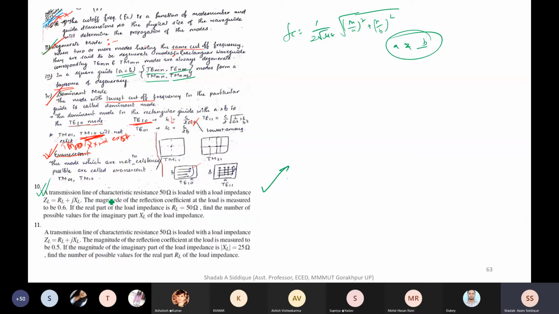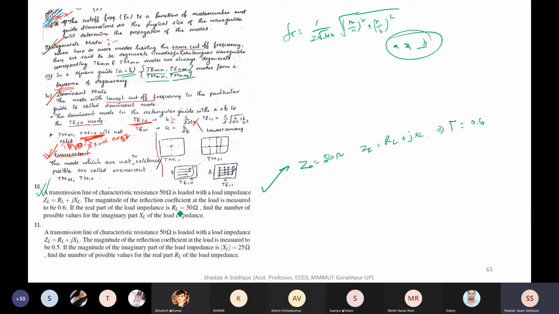It is given as a transmission line of characteristic impedance, characteristic resistance, that is Z0 equal to 50 ohm, loaded with the load impedance ZL equal to RL plus jXL. The magnitude of the reflection coefficient at the load is measured to be 0.6.